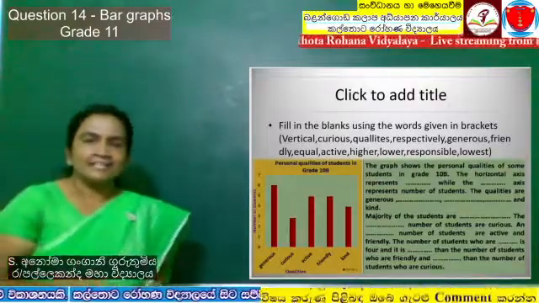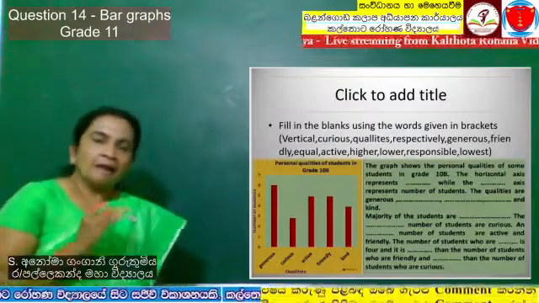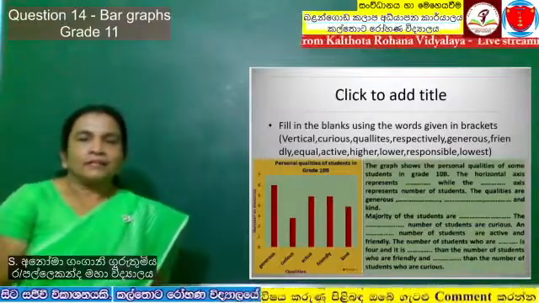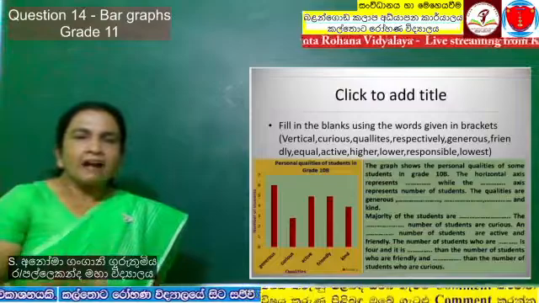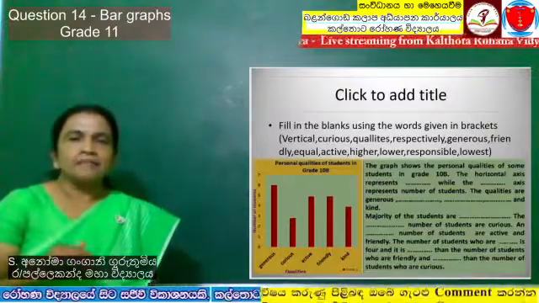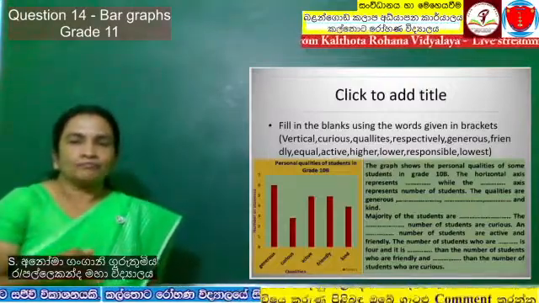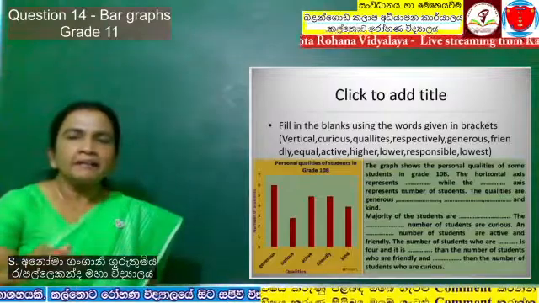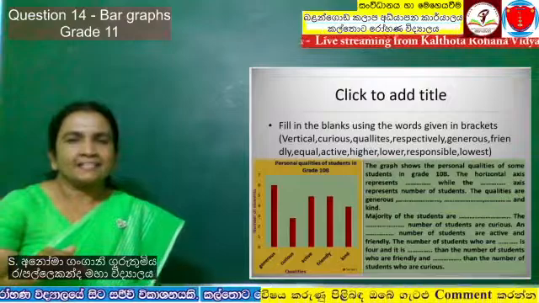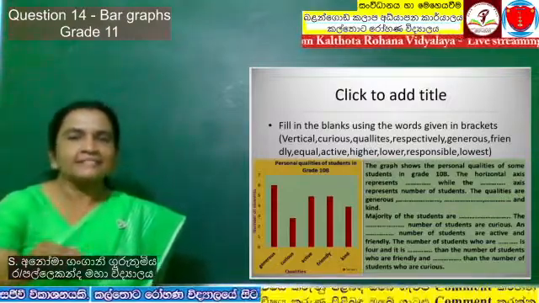Shall we discuss the answer? Now see. Using the bar graph, you have to fill that. This graph shows the personal qualities of some students in grade 10B. The horizontal axis represents, what is it?